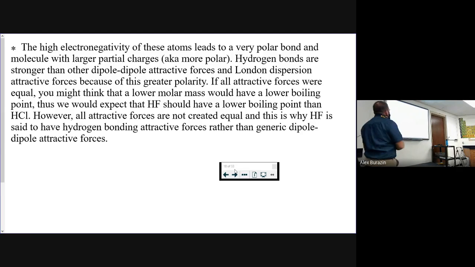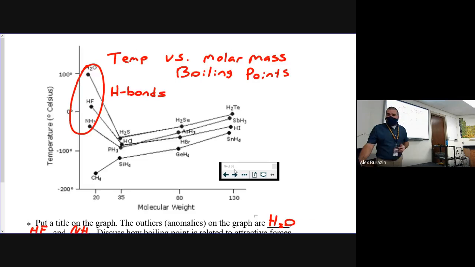So hydrogen bonds are stronger than other dipole attractive forces. A dipole attractive force happens when you have polar molecules. A lot of these are polar, but they don't have hydrogen bonding. So the intermolecular force that happens between polar molecules is called dipole-dipole.